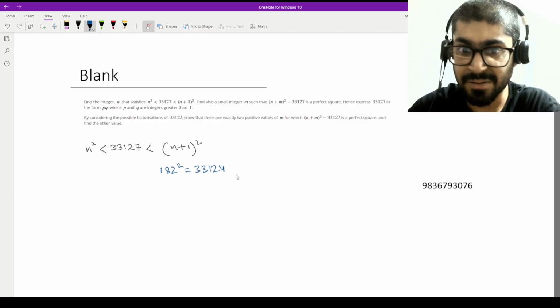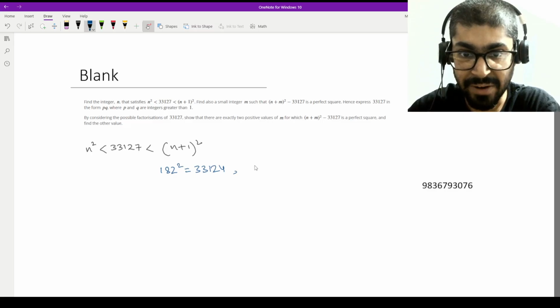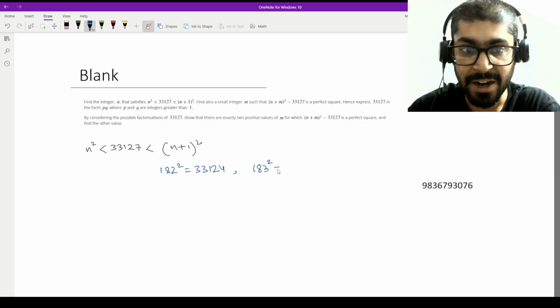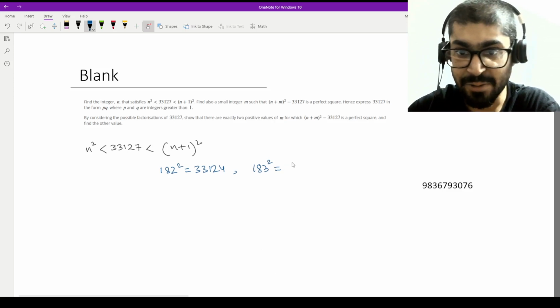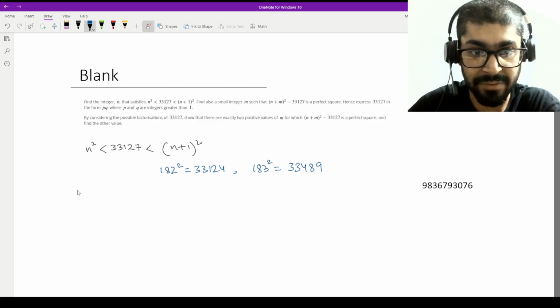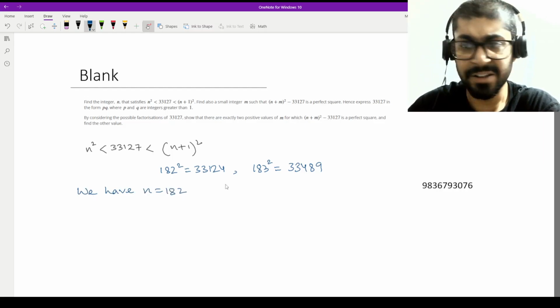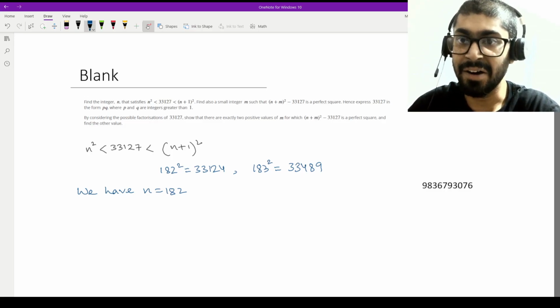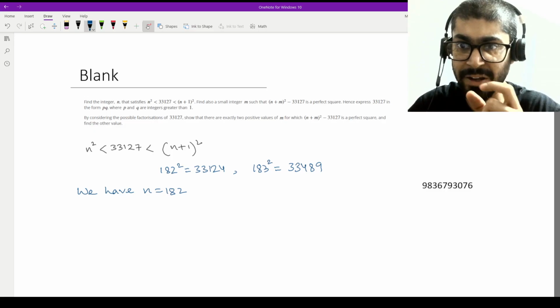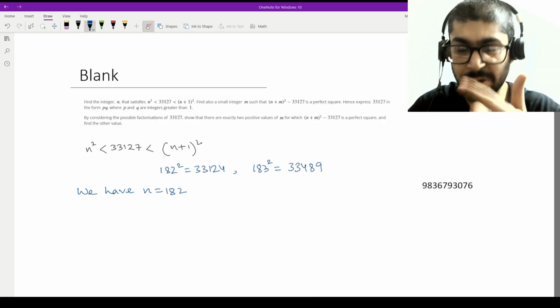So it is clearly evident now that if I try 183 square, that will be greater than 33127. 183 square is actually 33489. So we have n equal to 182. This was just trial and error, and there are no better ways of doing it rather than calculating rough guesswork and then going by multiplication to calculate the squares near it.